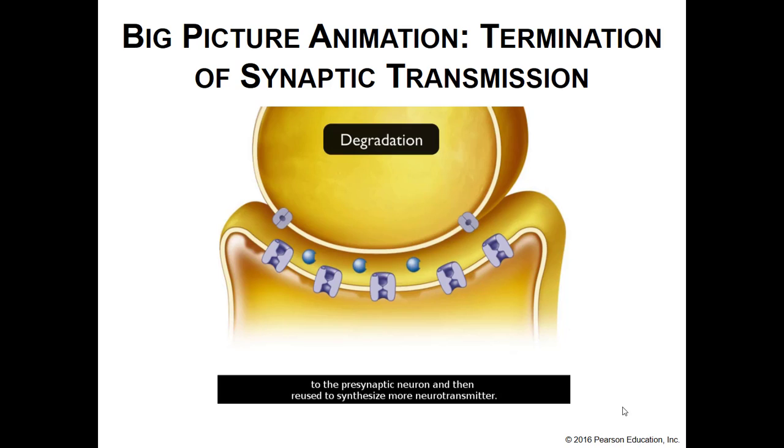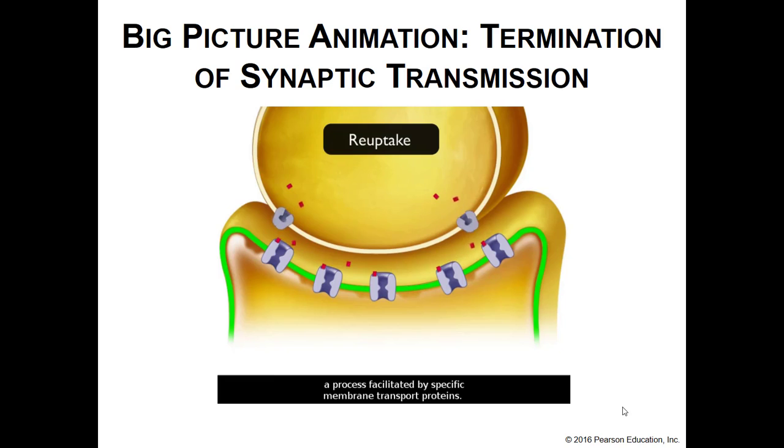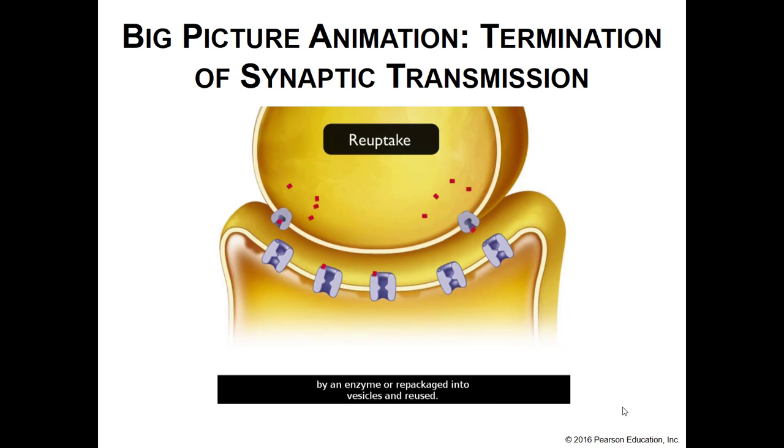neurotransmitters. And finally, other neurotransmitters, such as dopamine and serotonin, are removed from the cleft by reuptake into the presynaptic terminal, a process facilitated by specific membrane transport proteins. Once inside the axon terminal, the neurotransmitters can be degraded by an enzyme or repackaged into vesicles and reused.